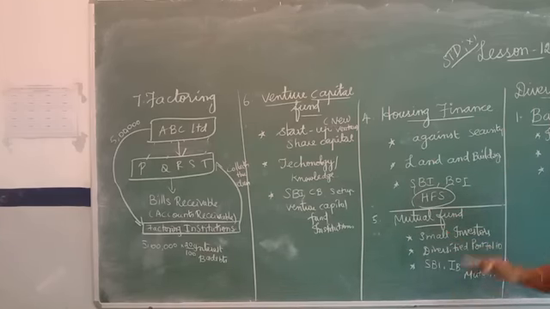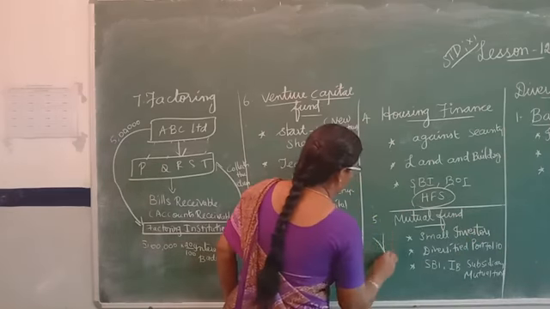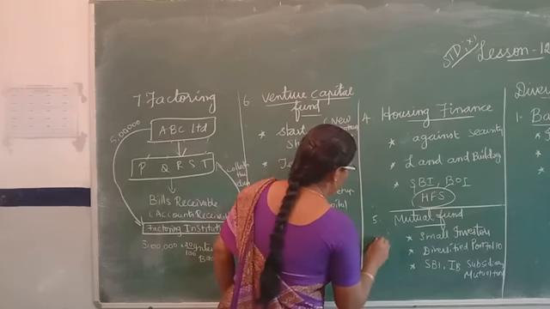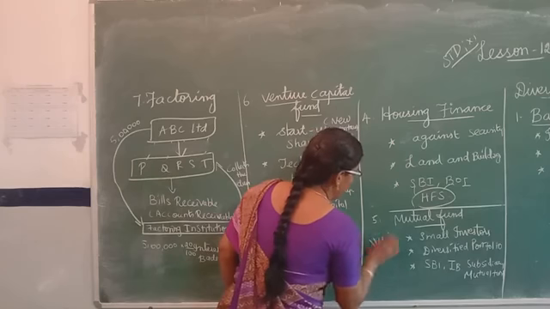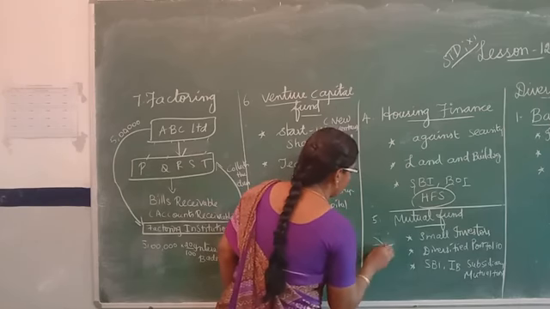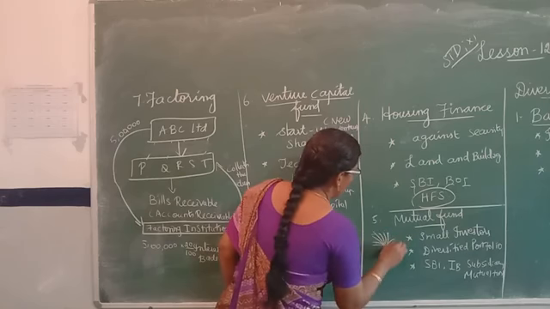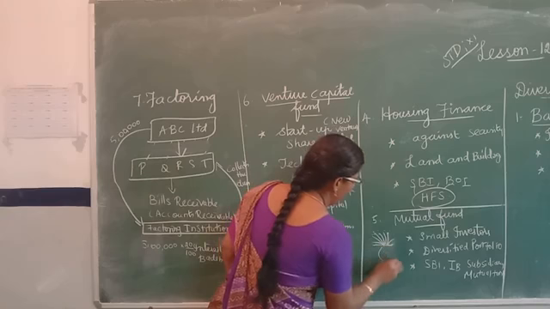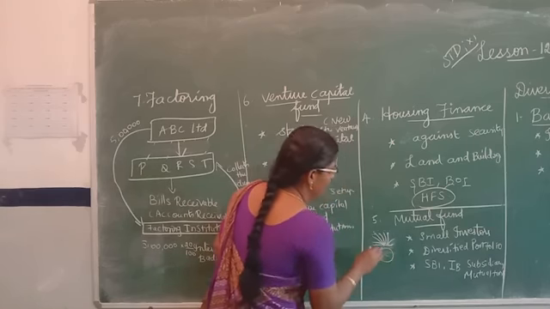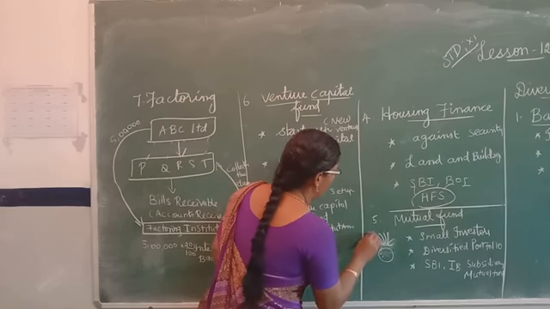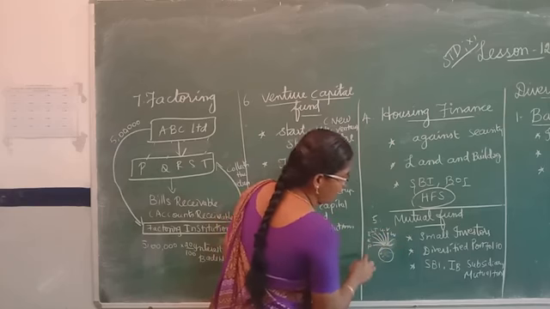Then come to mutual fund. Mutual fund means what? All the small investors are going to join together and pool the money. For example P, Q, R, S, T, U, V, W are all small investors.